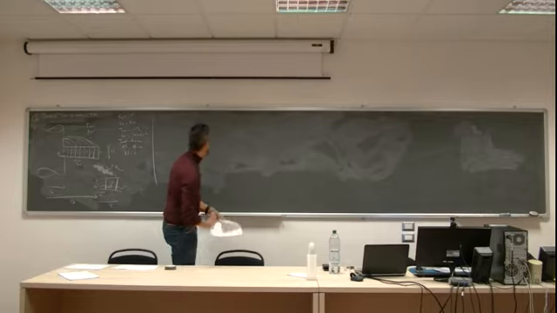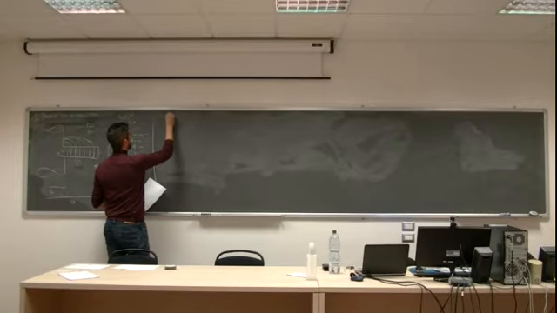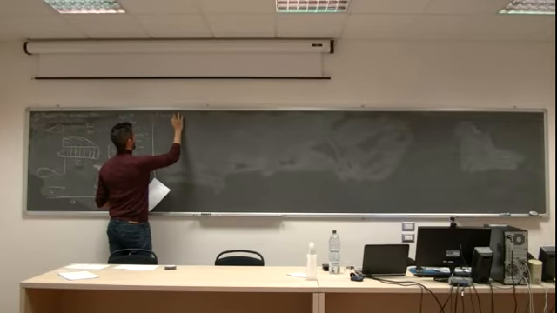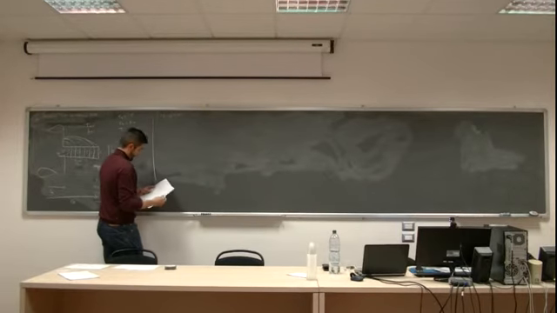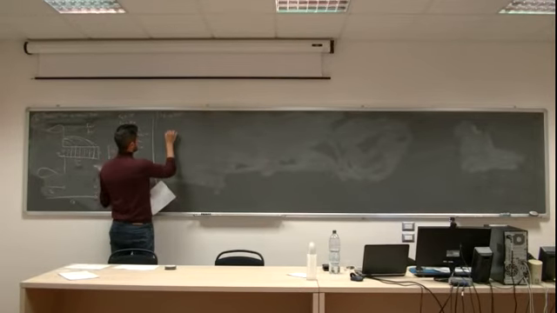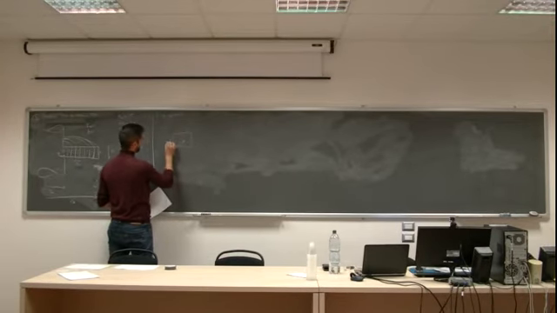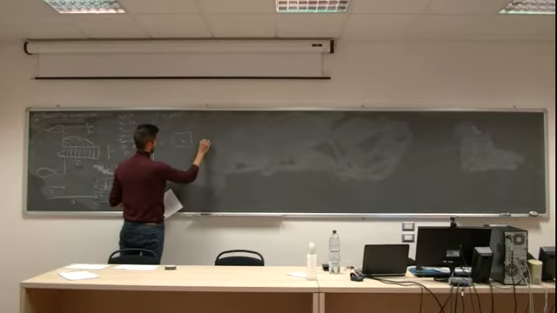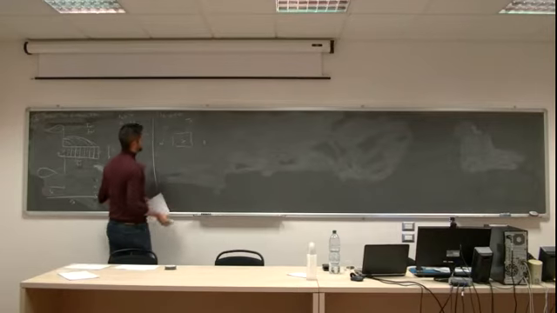But so let's say for 1 to N minus 1. In that case, any of the nodes can be, do a sketch like this.